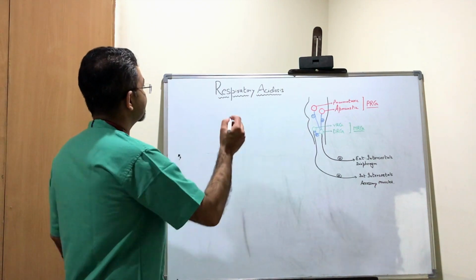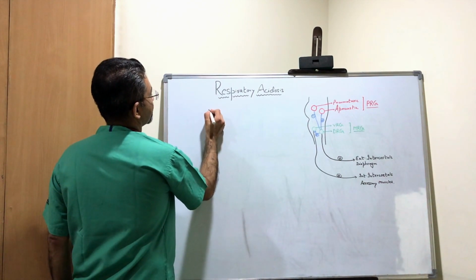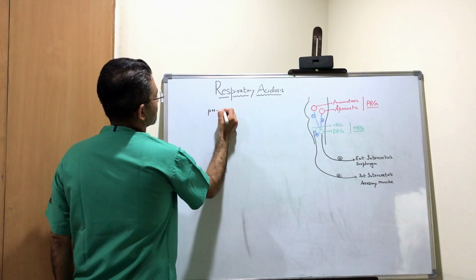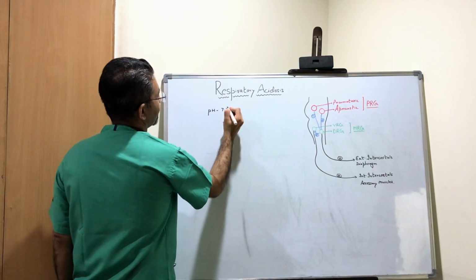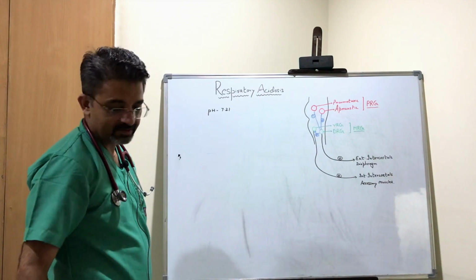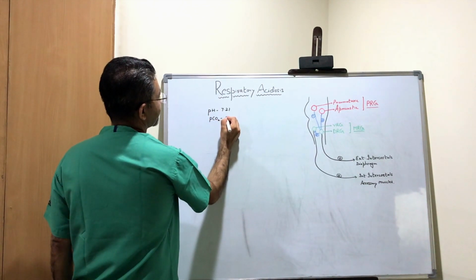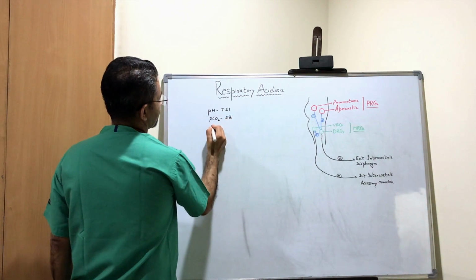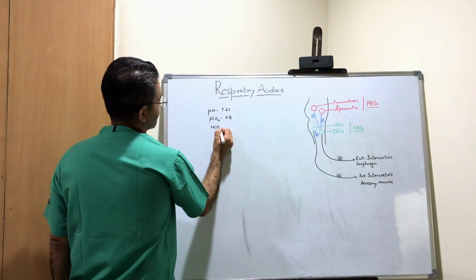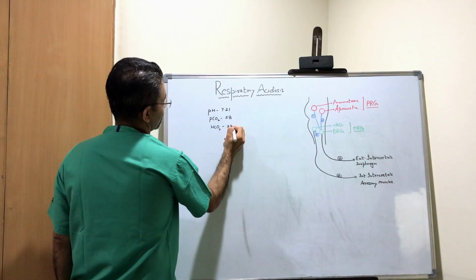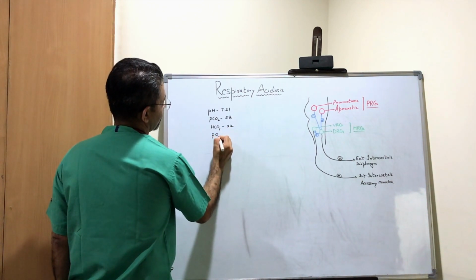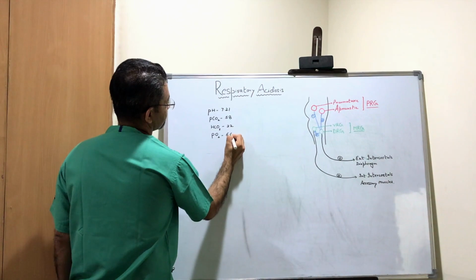So we come to respiratory acidosis. Just for example, say your pH is 7.21, your PCO2 is 58, your HCO3 is 22, your PO2 is 66.